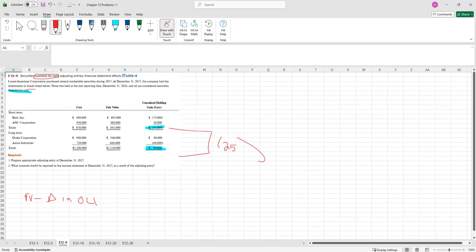So to record the appropriate journal entry for that, essentially you would do debit loss on investment. This goes to OCI, right? Because it's an available for sale security for $25,000, and then you do credit fair value adjustment. They talk about what amounts would be reported in the income statement as a result. Well, nothing, right? We didn't hit the income statement here, and we didn't sell the stock.